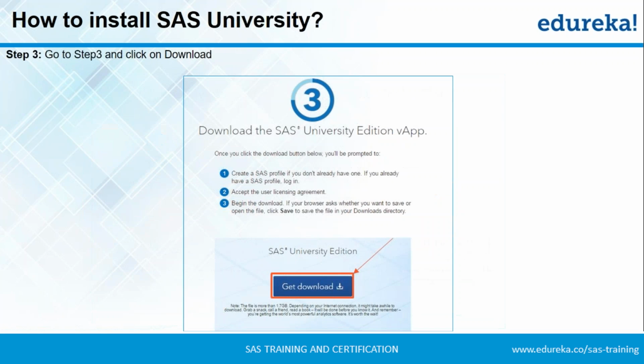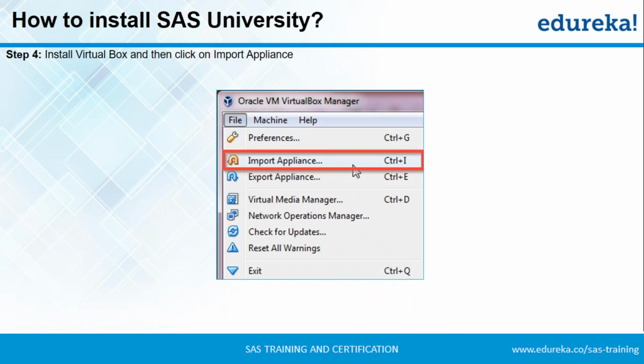Once you do that, you'll be prompted with this screen. You'll have to create a SAS profile before this, so do all the registration and then you'll see this screen. Click on get download. Once you download, like I said, you'll have to install VirtualBox. Once VirtualBox is installed, open it, click on File and then Import Appliance.